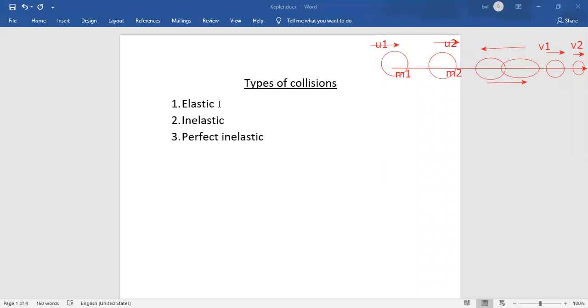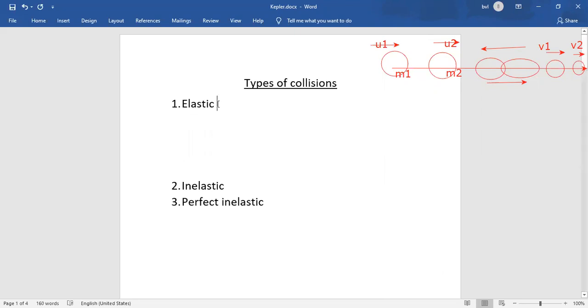Now how can we classify these three: elastic, inelastic, and completely inelastic? Coming to the first one, elastic. How can we say this type of collision is elastic? The collision is classified according to kinetic energy. As the two objects m1 and m2 are moving, they have kinetic energy, calculated before and after the collision.